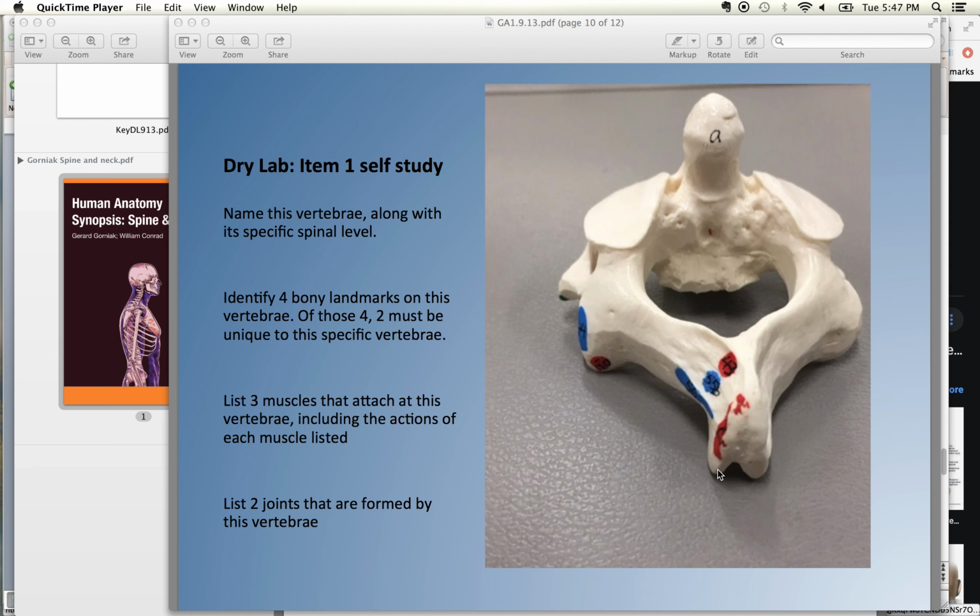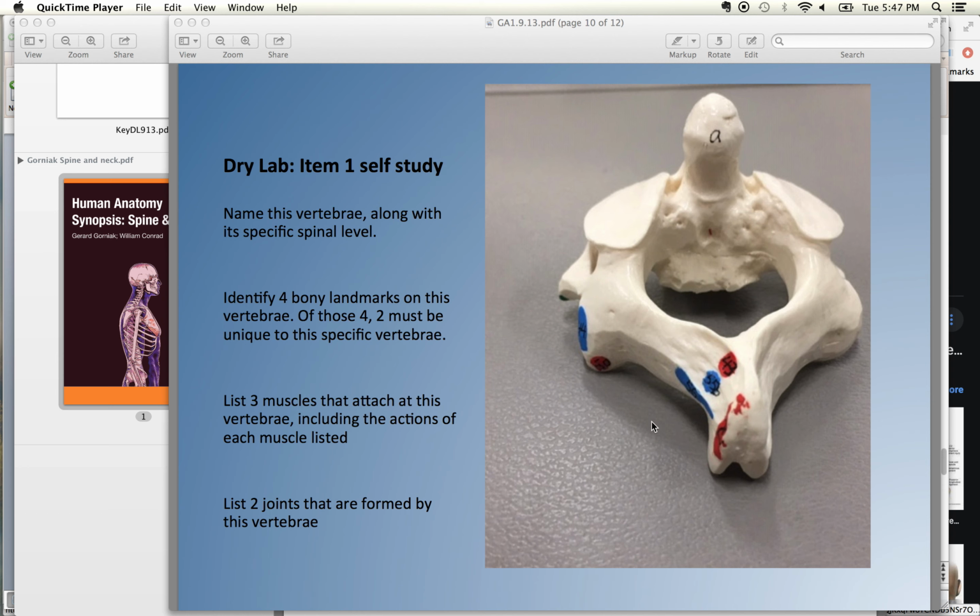So those were the 2 unique landmarks that were specific to this vertebrae. If you have some others, feel free to share them at the next lab, but those were the 2 that I was trying to hone in on.